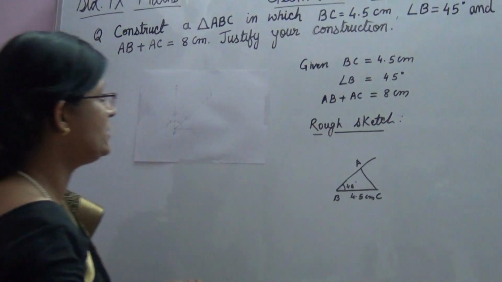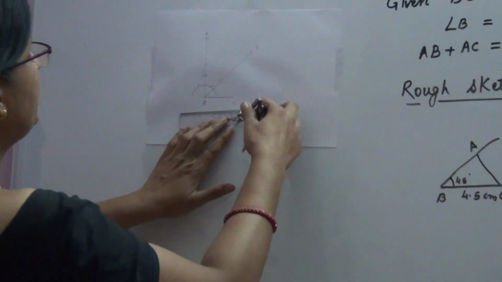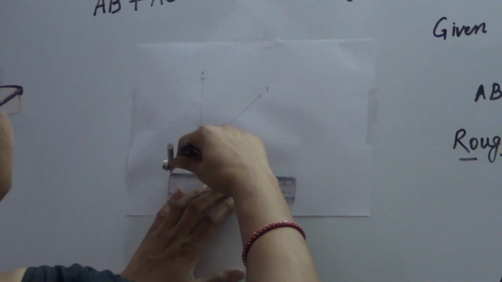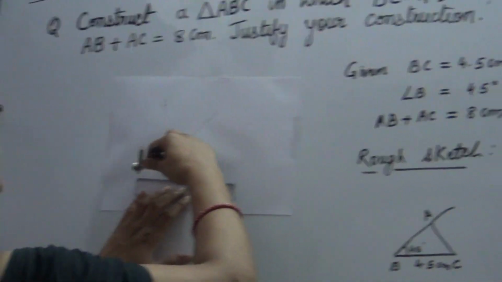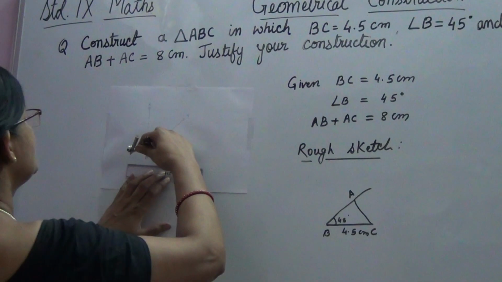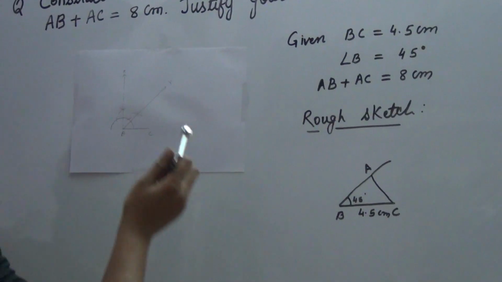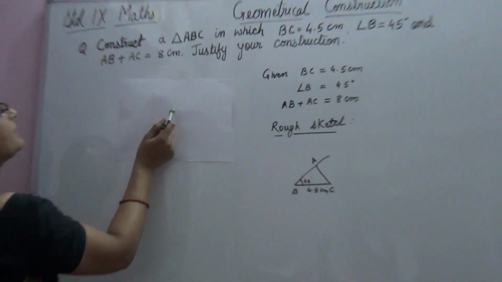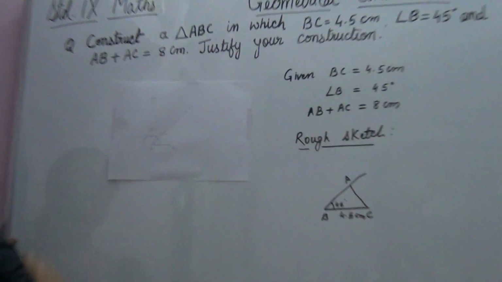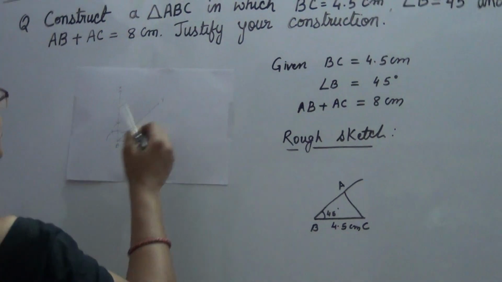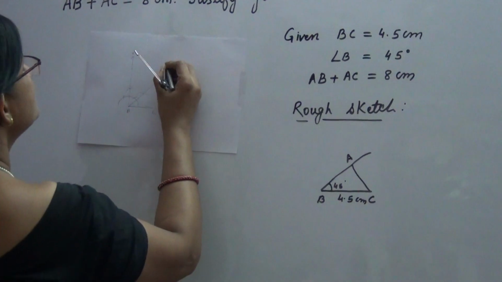We need to measure 8 centimeter using our compass and ruler. See, this is exactly 8 centimeter. Measure it very carefully. Now we cut an intercept at BY and name this point as D.